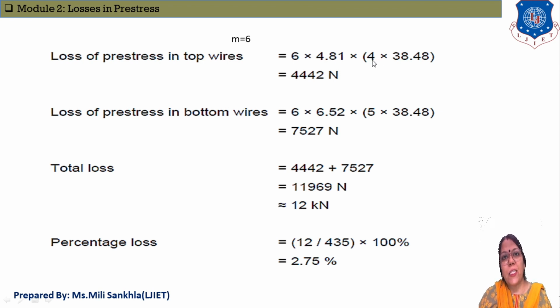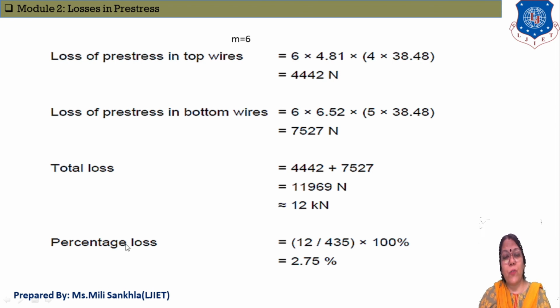Then the number of wires is given, 4, and the single wire area. Loss of prestress in the bottom wires, 6, modular ratio 6.5 times our stress, 5 wires given. Okay, now the summation of these two forces is equal to 11,969 Newton, that is equal to 12 kilonewton.